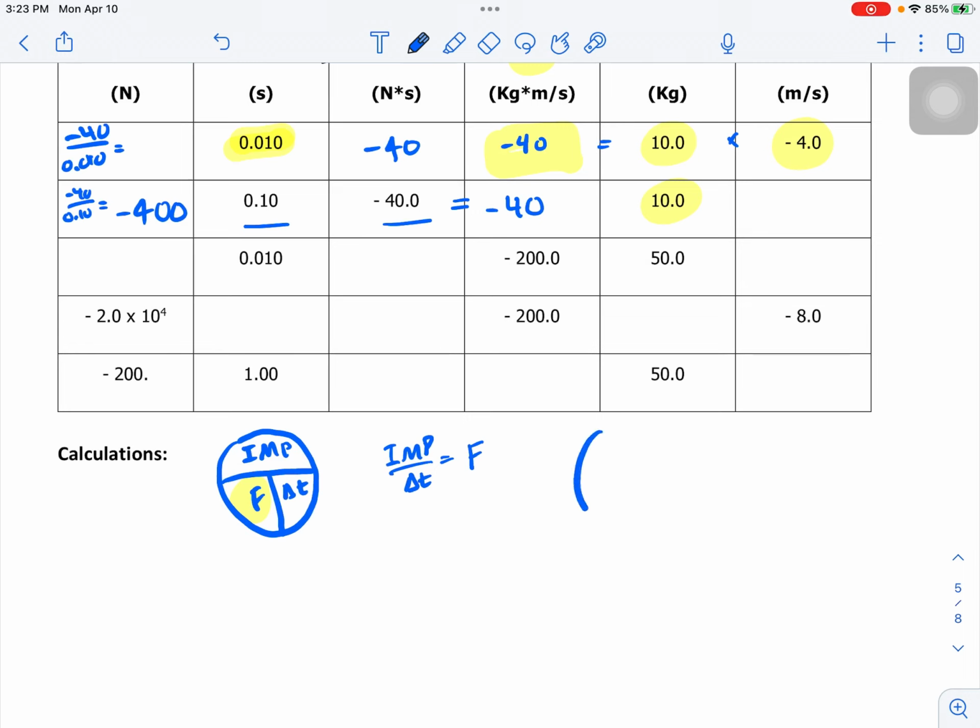And if I have a circle equation for the other side, the change in momentum is equal to the mass in kilograms and the change in velocity. So if I want change in velocity, it would be the change in momentum divided by the mass. So change in momentum is minus 40. I'm going to divide that by 10. And that's going to give me the same value.